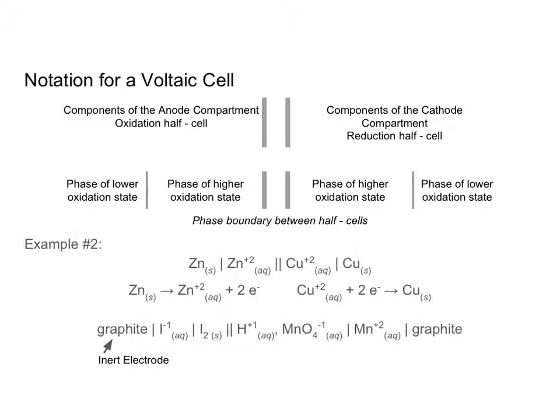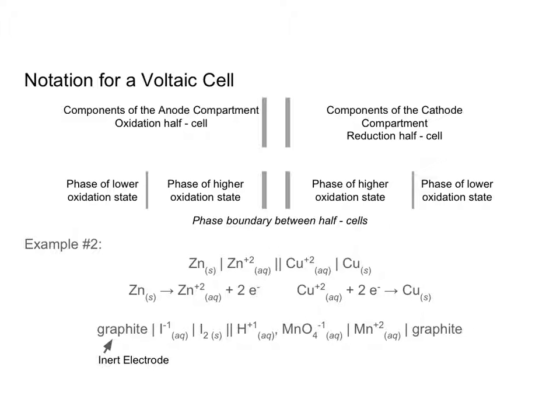When you are asked to write the notation for a voltaic cell, there is a very specific format you have to follow, and it is what's drawn here. You're not going to always be drawing these cells specifically because they take up a lot of room, so this is the easier way to do it.